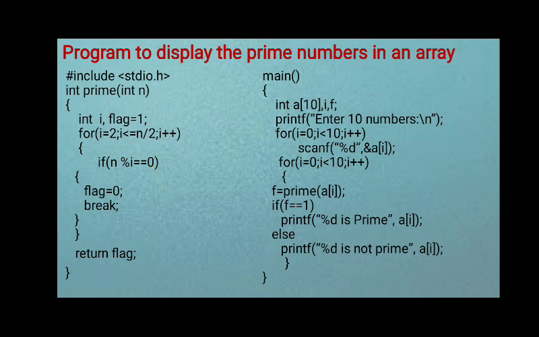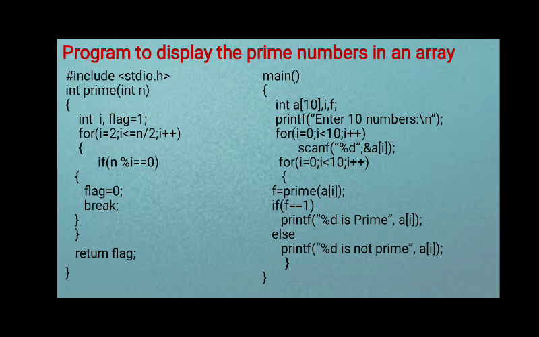So what I'm doing is I'm writing flag is equal to 1, and if, among the numbers from 2 to n by 2, any of these numbers divides n, then flag is equal to 0. In that case, it means it is not prime. So flag equal to 0 means the number is not prime, and flag equal to 1 means the number is prime.